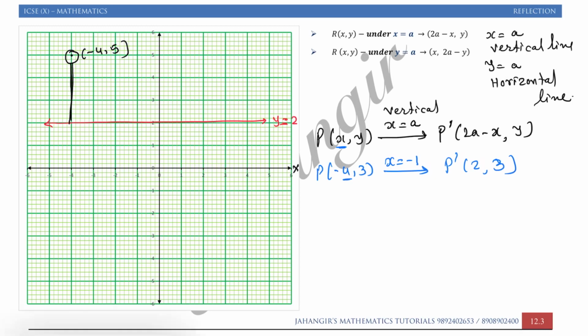So if you see the distance, this is the mirror line. So if you see the distance of the point from the mirror line is 3 units. 3 block up, so I can take 3 block down. So by graph, we can say P dash ka coordinate is -4 comma -1.